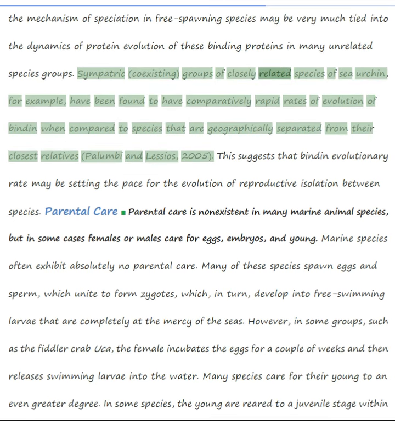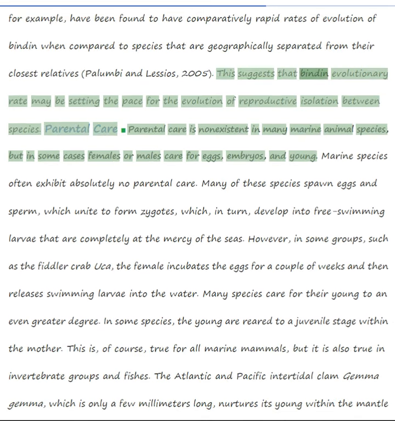Sympatric groups of closely related species of sea urchin, for example, have been found to have comparatively rapid rates of evolution of bindin when compared to species that are geographically separated from their closest relatives. This suggests that bindin evolutionary rate may be setting the pace for the evolution of reproductive isolation between species.